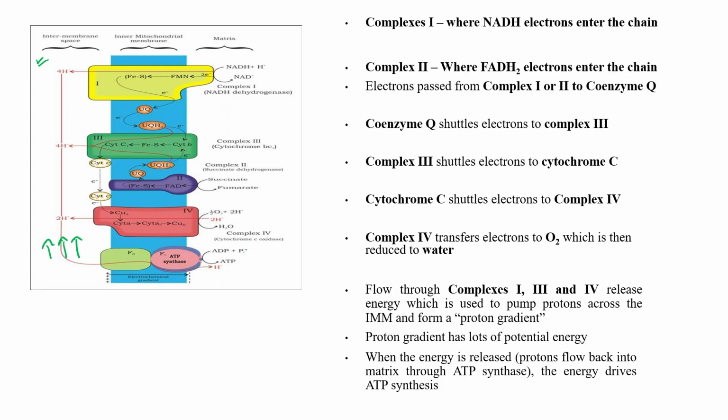The concentration of protons decreases in the matrix, because the remaining protons present here have been utilized by the oxygen, as these electrons pass from one complex to another and are finally accepted by this oxygen. So by utilizing the remaining protons and accepting all the electrons from here, this oxygen gets converted into water. It will produce water. That's why it is written over here that oxygen acts as the final hydrogen acceptor or final electron acceptor.